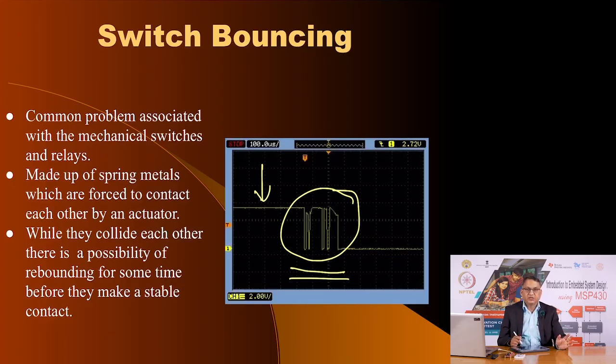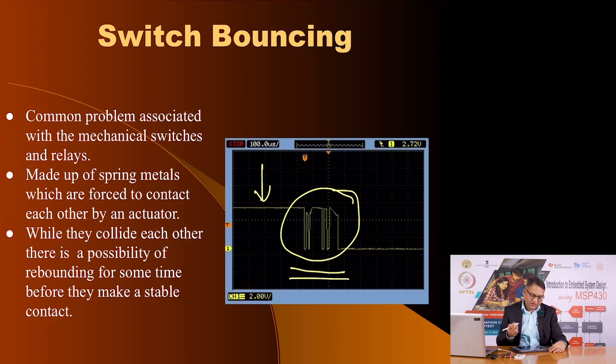This is an extreme situation, and we have taken several recordings on our oscilloscope just to identify a situation where it shows several bounces, and the idea is to convey that switches do bounce.